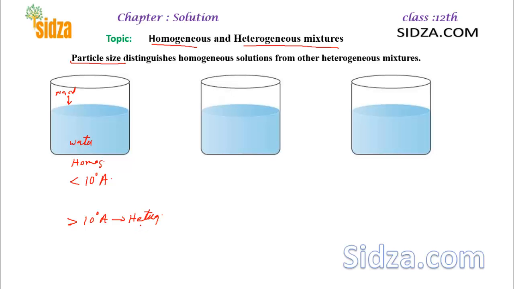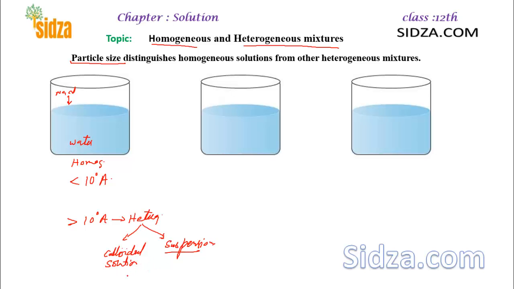Heterogeneous mixtures are of two further types: one is a colloidal solution, another one is a suspension. Both are heterogeneous, but again there is a difference.